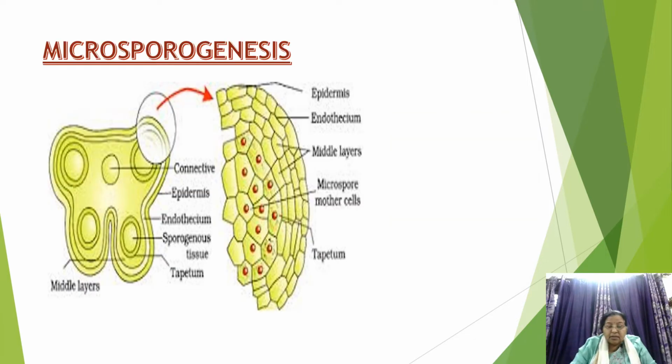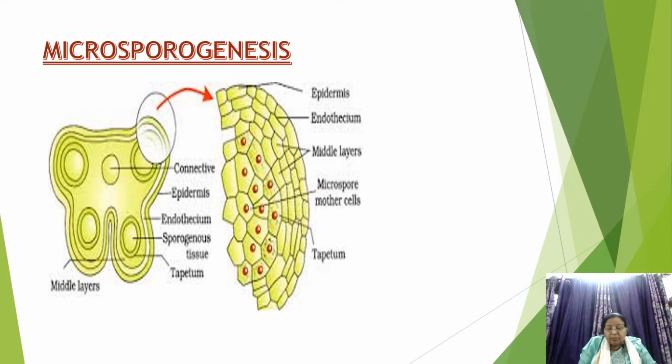In the young anther, you can see the outermost layer is called the epidermis. Here you can see this is the outermost layer, it is called the epidermis. Below the epidermis there are 2-3 layers which are called the middle layers. Okay, but before that there is a layer called the endothecium.